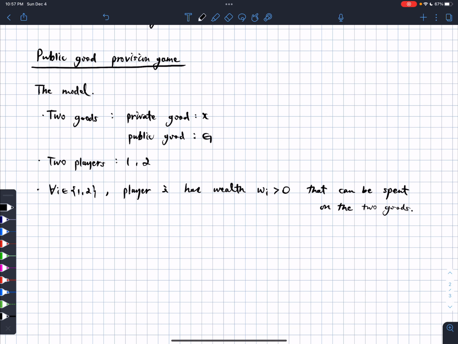So just to introduce the notation, x_i is i's consumption of the private good. Okay, and g_i is player i's contribution to the public good.